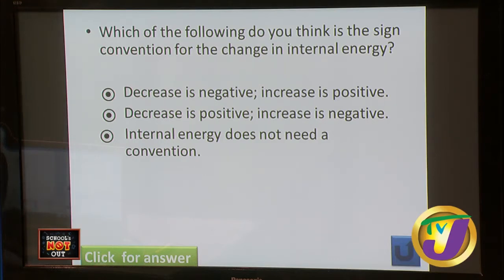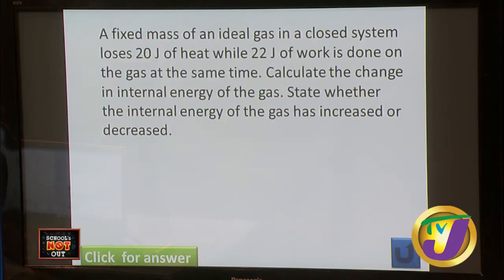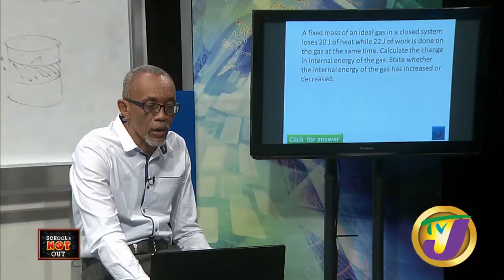Decrease is positive, increase is negative. Or our internal energy does not need a convention. And so let's see if we click for the answer here. All right. We see that if you have a decrease in the internal energy, we take that as negative, and if we have an increase in the internal energy, we take that as positive. All right?